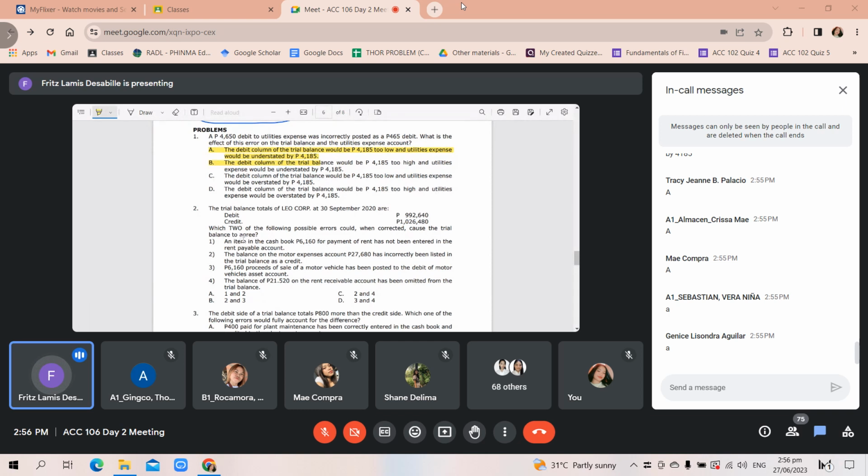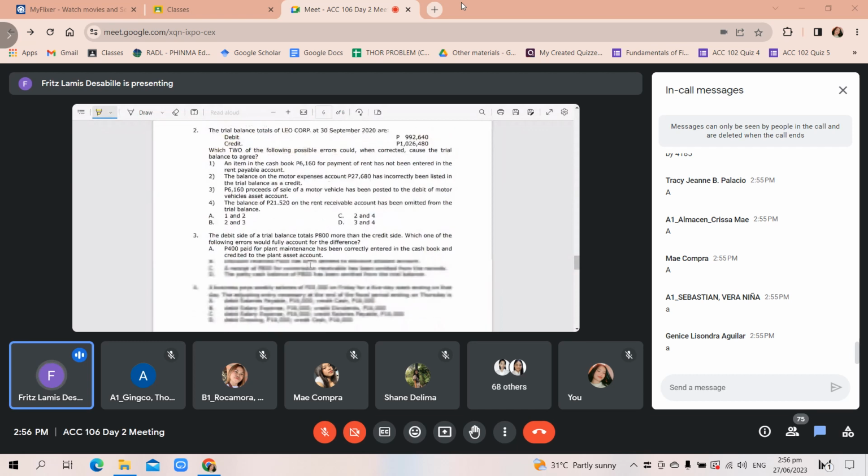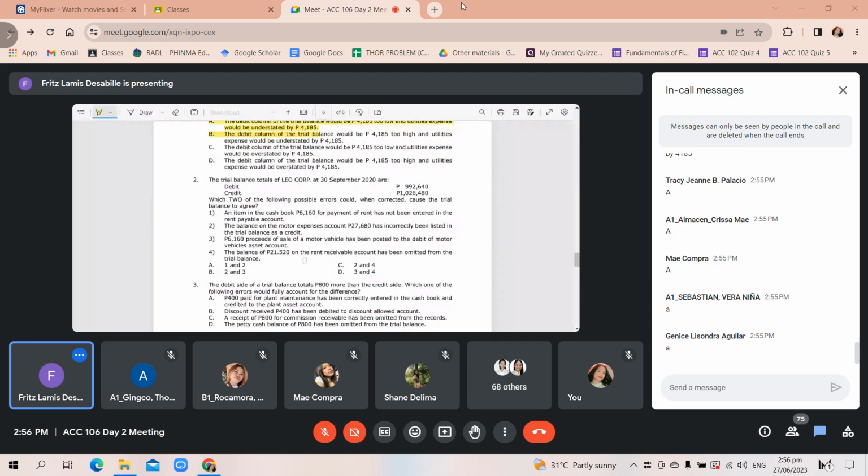So, number one, an item in the cash book, 6,160 for payment of rent, has not been entered in the rent payable account.